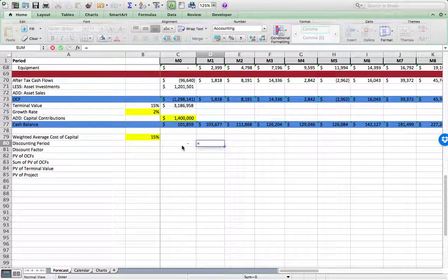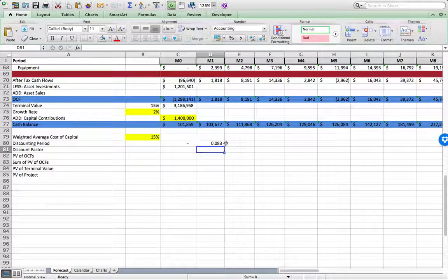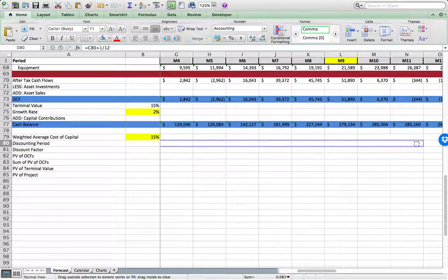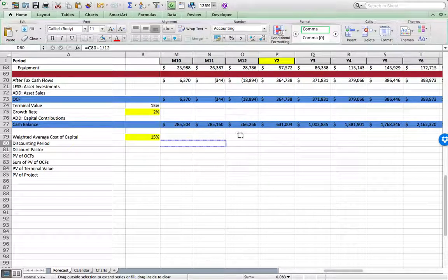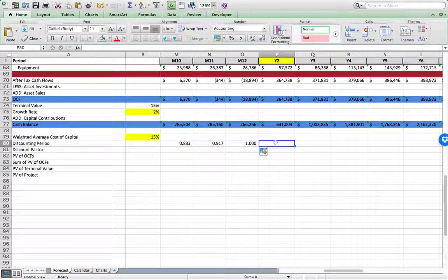Every month for the monthly is going to be equal to the prior month plus 1/12 of a year, because a period is a year in our case. So you can just add those on, and we'll drag that out to month 12. Okay, and again, that's all formula driven, and that's really not an assumption, that's a fact in this case, so we don't have to highlight those in yellow.